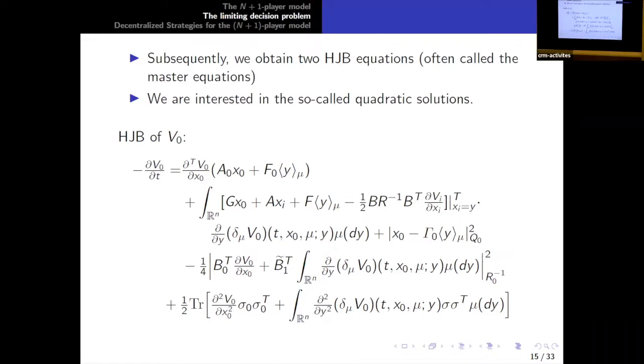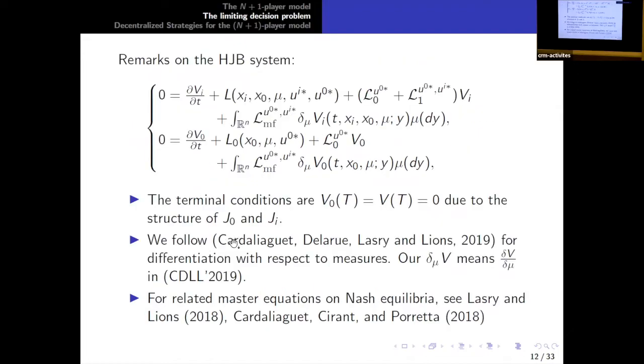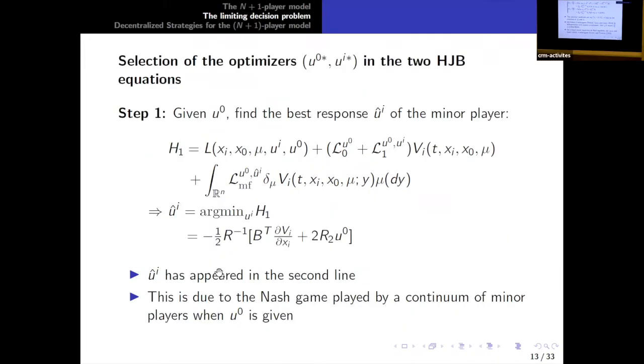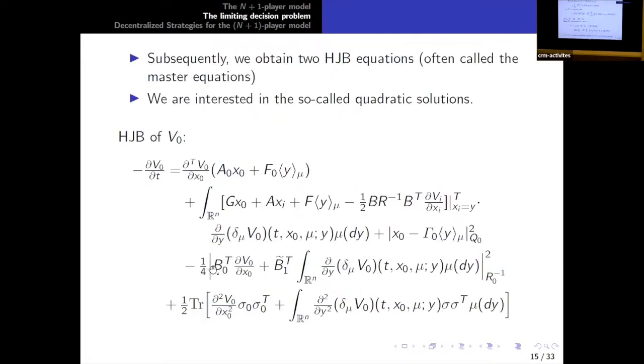They are essentially dynamic programming equations. That's why we can call it just an abstract dynamic programming equation. We can also follow the usage in the paper of the group of 4. We can call it two master equations.